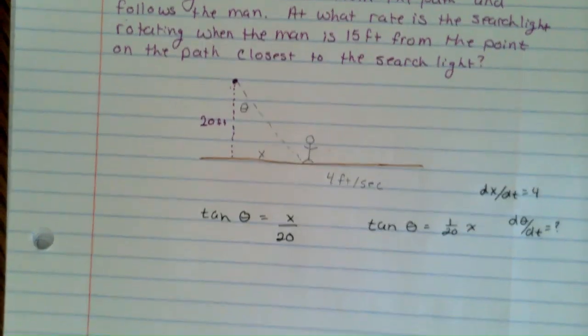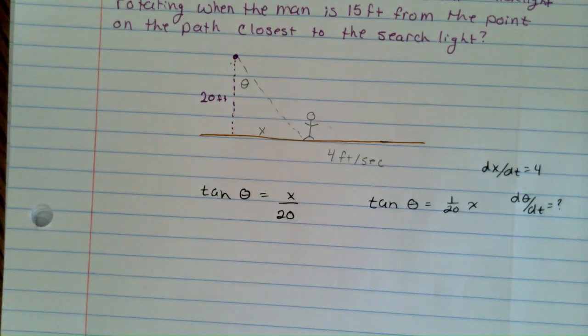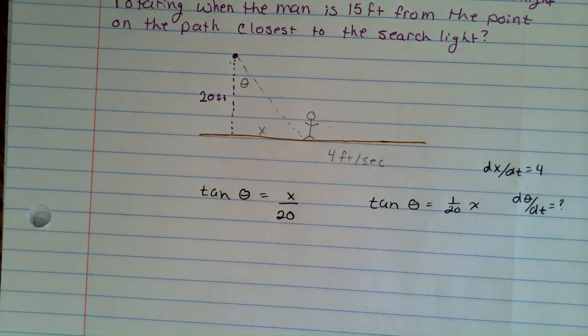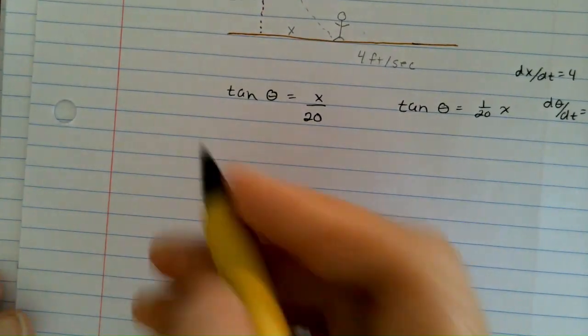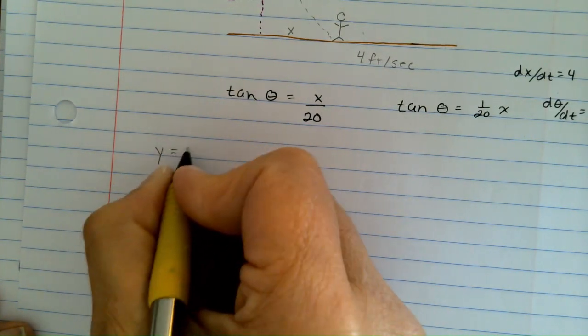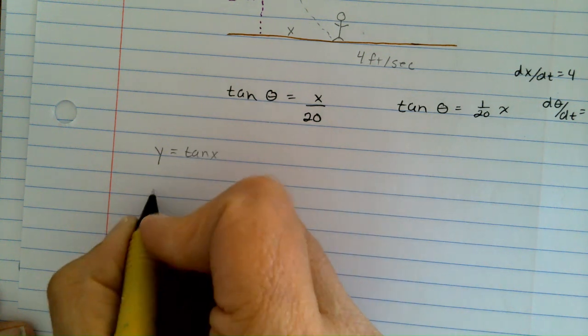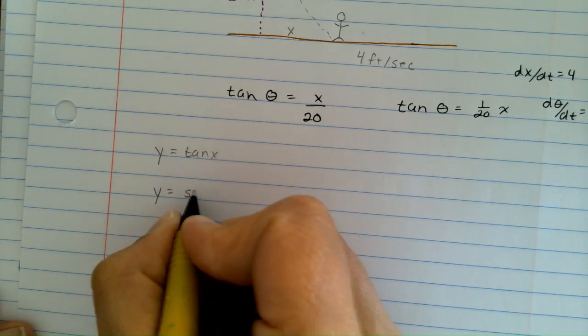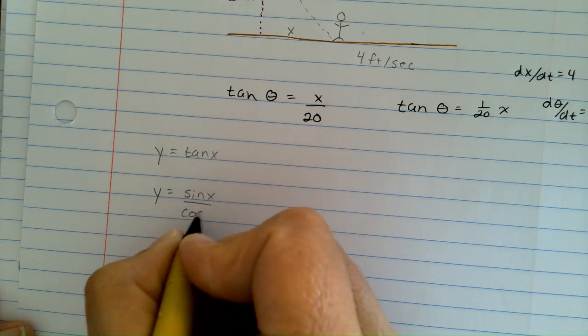So we're going to have to derive this, but you may not remember how to derive tangent. So let's come over just real quick and refresh our memory of what the derivative of tangent is. Y equals the tangent of x. Y equals sine of x over cosine of x.